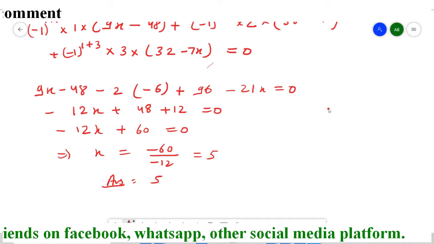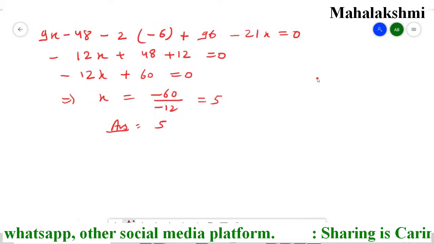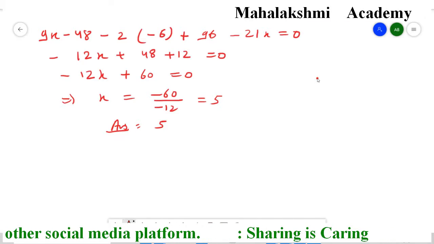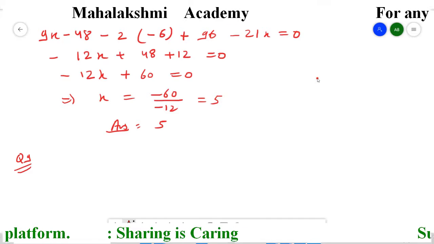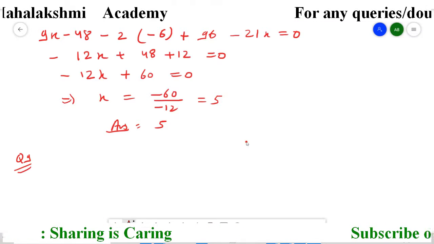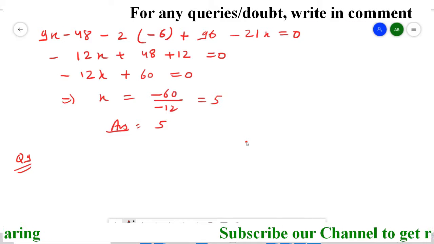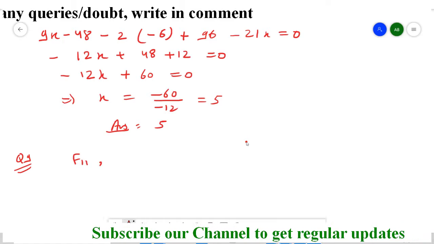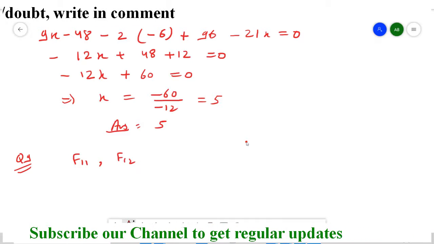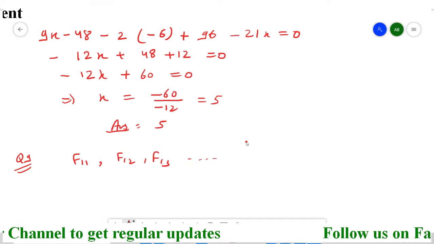Now here one very important question is there, that is question number 9. You just see the book. In that, question number 9 says that if a determinant is given to us and they have given the cofactors, I am not writing the complete question, they are writing f11, f12, f13, and they go till some numbers.